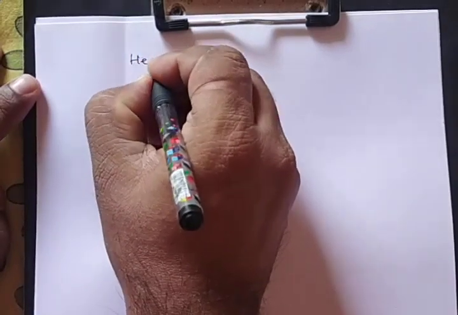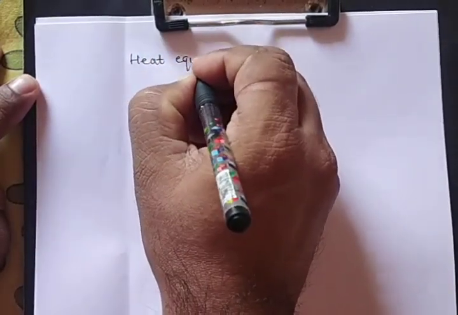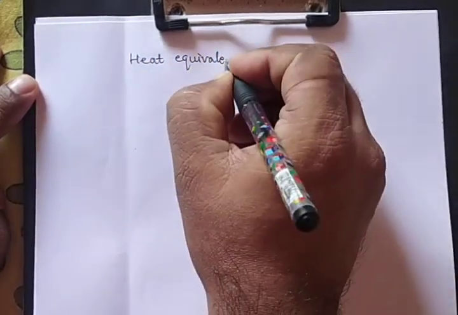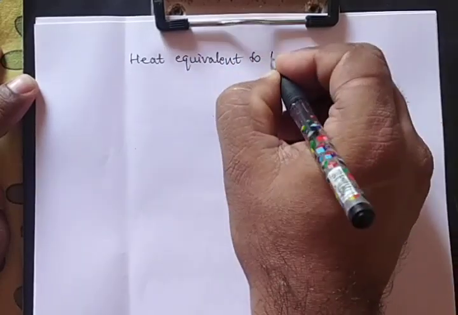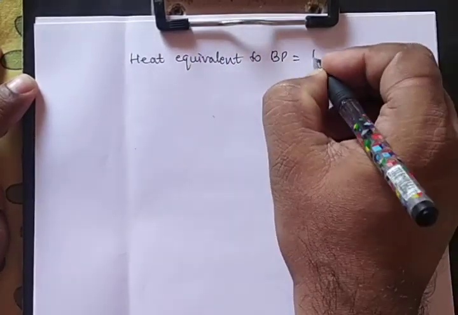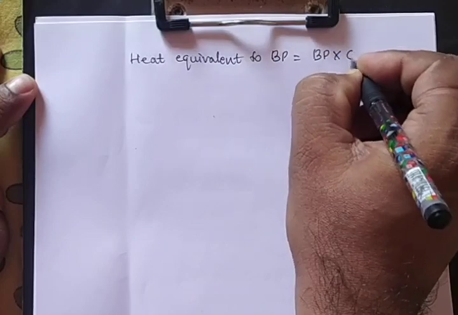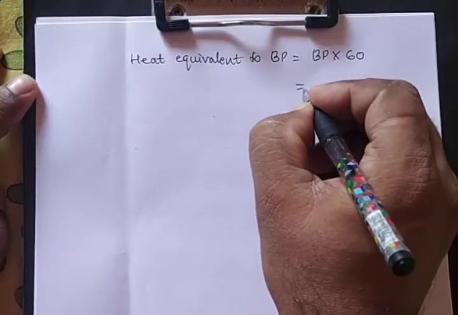Then find out the value of heat equivalent to BP. So heat equivalent to BP is BP into 60, because we need to find out kilojoules per minute.